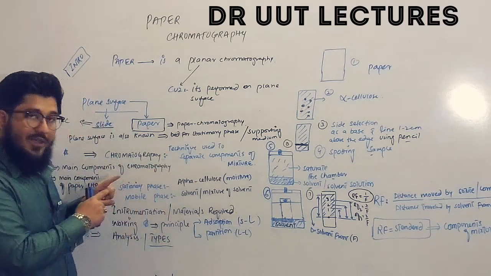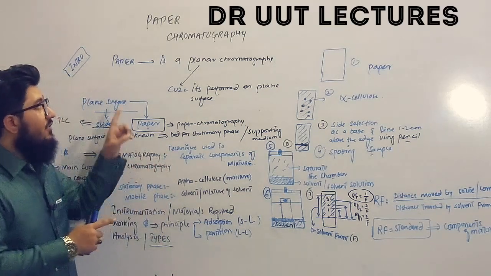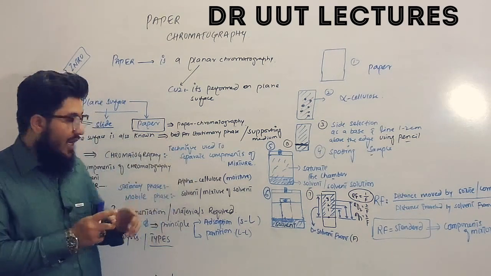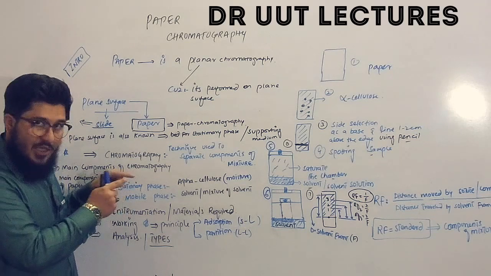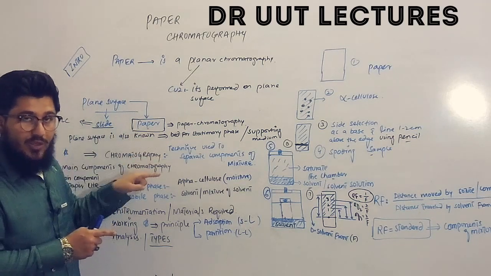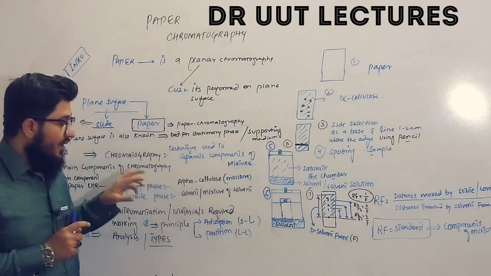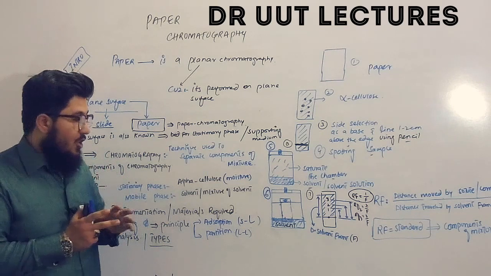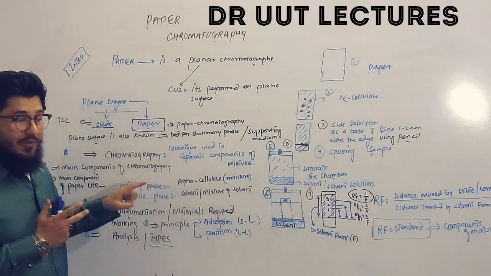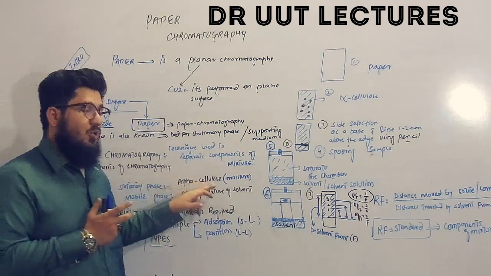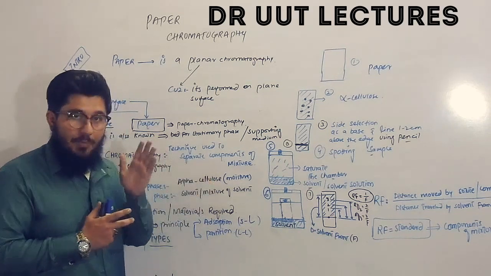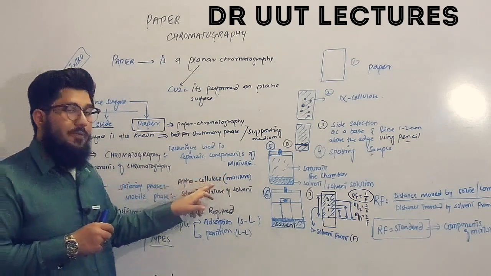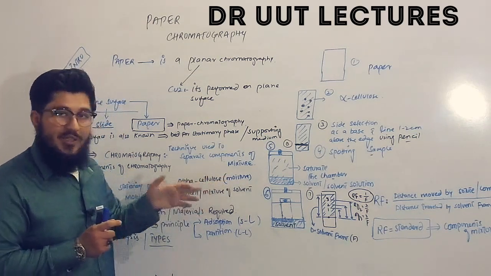Now let's come to the main components of paper chromatography. Obviously, in every chromatography we have these two components, so we have the same two components in paper chromatography. The difference is that every chromatography has different types of stationary and mobile phases. In paper chromatography, our stationary phase is alpha cellulose, which is a paper having moisture. So this stationary phase is actually a liquid phase present on a paper.